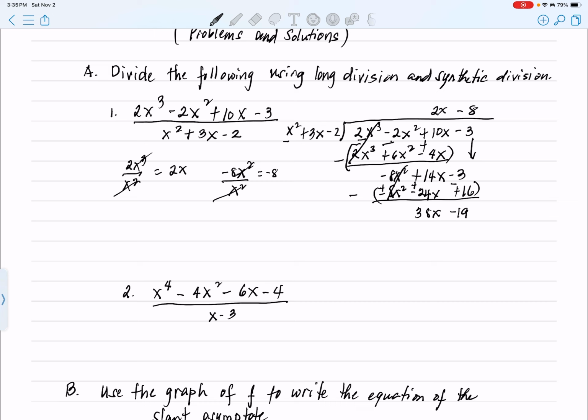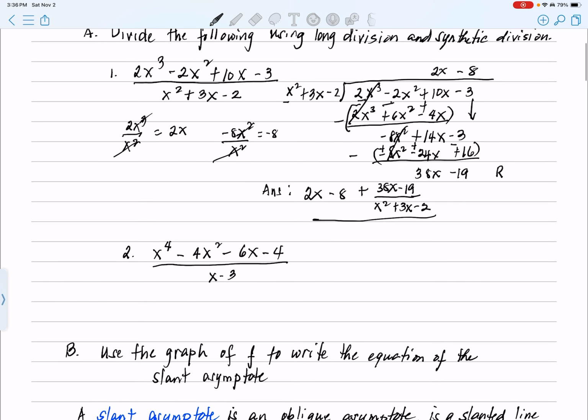So this is our remainder. So our answer here would be 2x minus 8, then plus 38x minus 19. We cannot simplify that anymore. Then we have over x squared plus 3x minus 2. That's the answer.